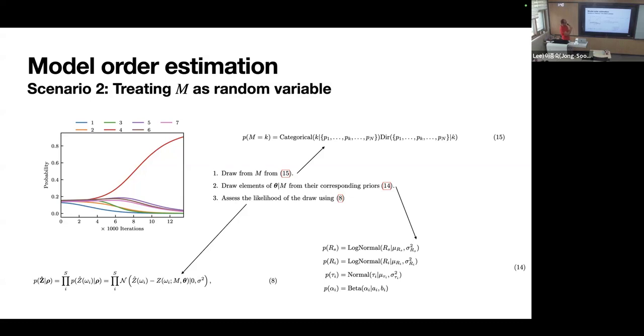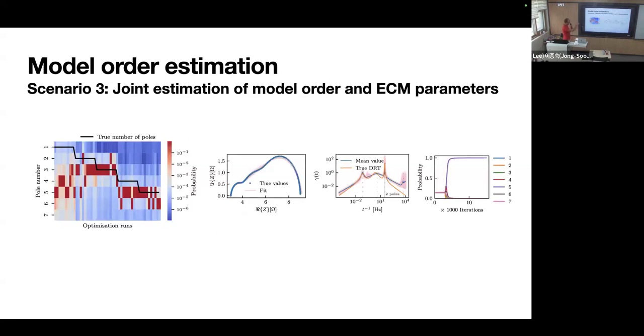So after the optimization, this algorithm tells me that a model with 4 time constants is 80% probable in this scenario, although I know that the true model has 3 parameters. There are 2 effects coming into play here, partially due to noise, and partially due to improper implementation of this categorical distribution. I will come back to that.